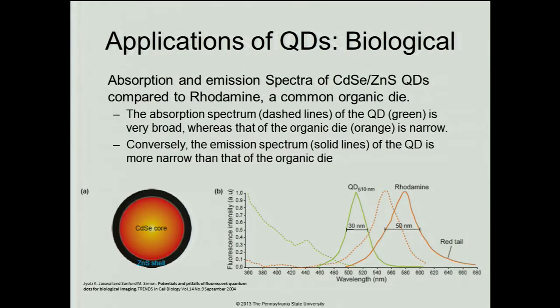So, this is the absorption and emission spectra of cadmium selenide and zinc sulfide quantum dots, and we are comparing it to a standard. This is rhodamine, a common organic dye. So, this is the quantum dot. What you observe over here is, you see it is a lot sharper.